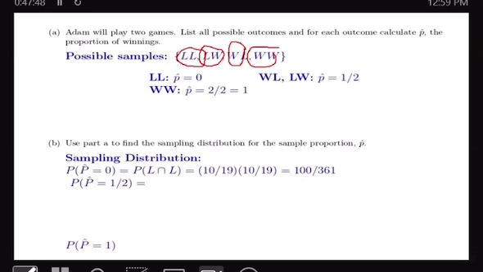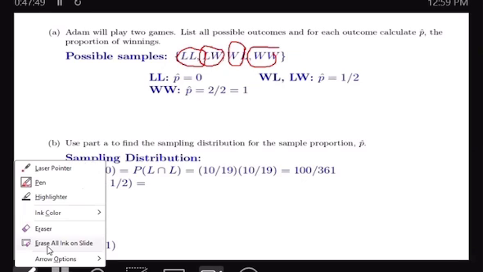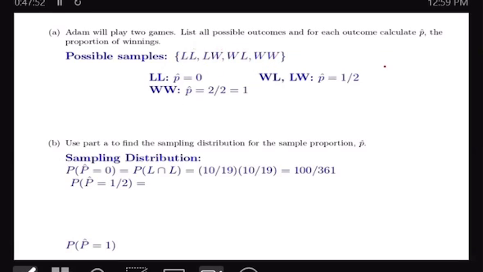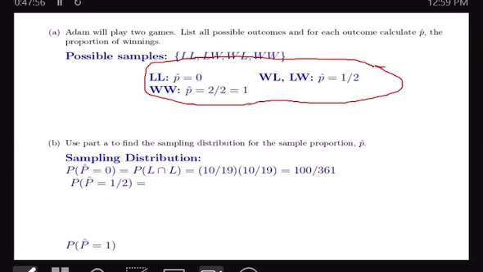Now, if you take a look at this, losing both games, p cap equals 0. Winning one of the games, 1/2. And winning both games, 2/2.